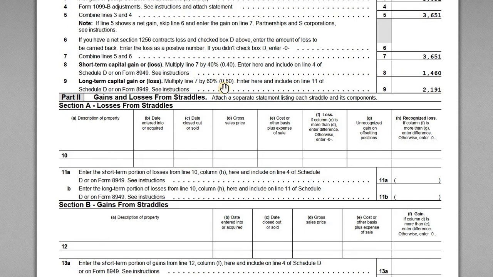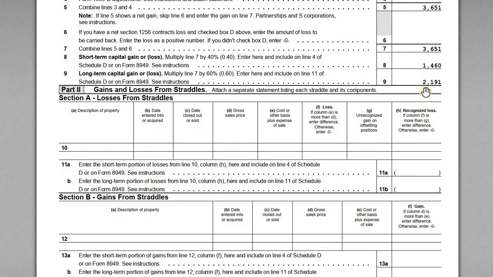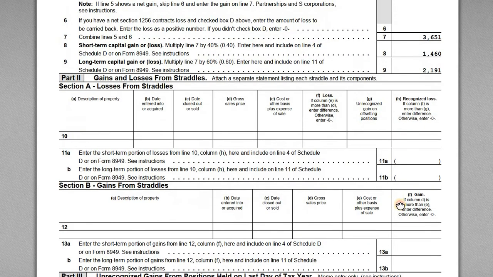So 40 short-term, 60 long-term, which is obviously favorable because the long-term capital gains are subject to a lower tax rate, right? So a maximum of 20%, and potentially 23.8% if you've got the net investment income tax component. Okay, so that covers it.